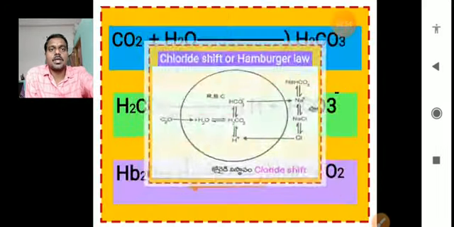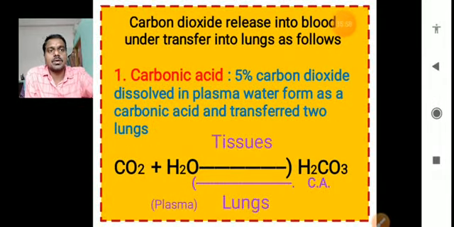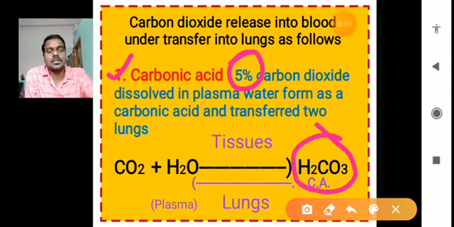The carbon dioxide is transported mainly in three forms. One is carbonic acid, at 5%. That carbonic acid is formed at the cell level, and it goes to the lungs. Only 5% is transferred as carbonic acid.